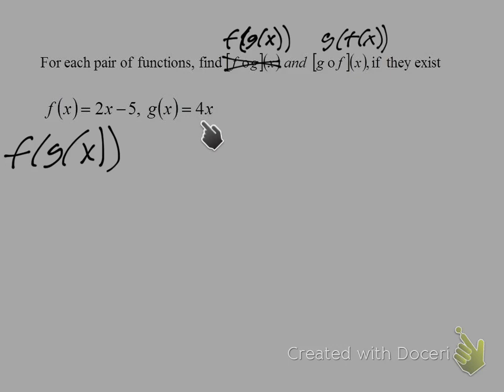It's almost like substitution, you replace this with what it equals, which is 4x. Everybody good? Now what do you do next? You plug that 4x that you've got from g into that x right there.